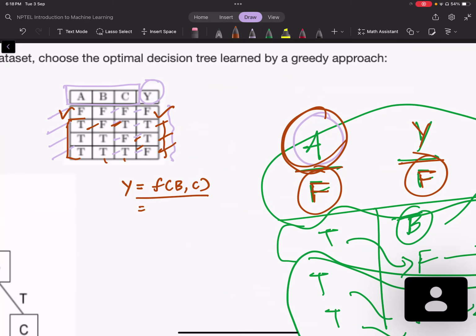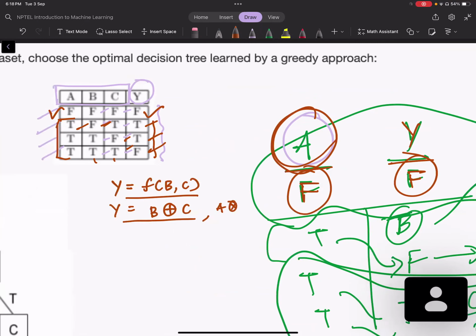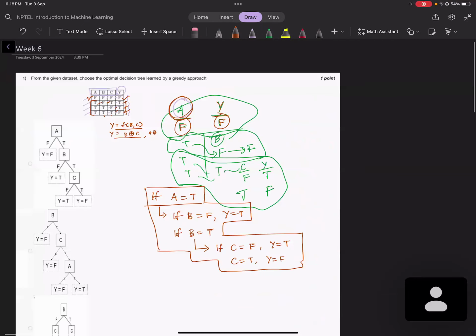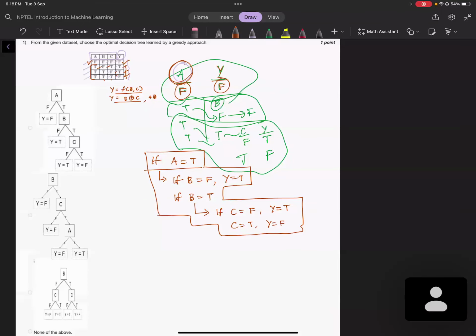This reminds me of one function, the XOR function. So Y is a function of B and C, and A is don't care. Irrespective of the value of A, we can make a decision just by looking at B and C. So we can start splitting at B.